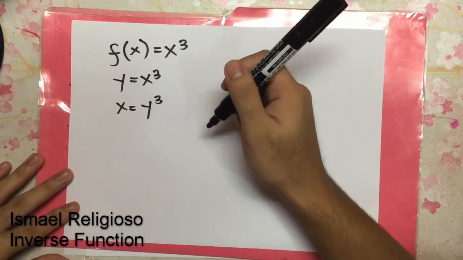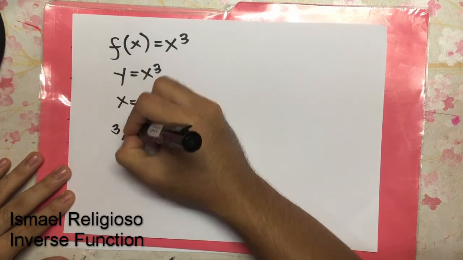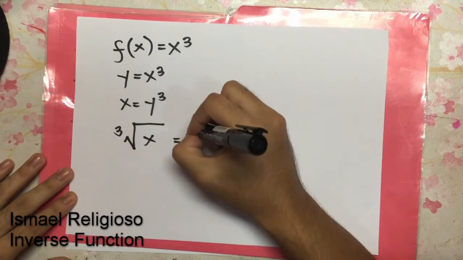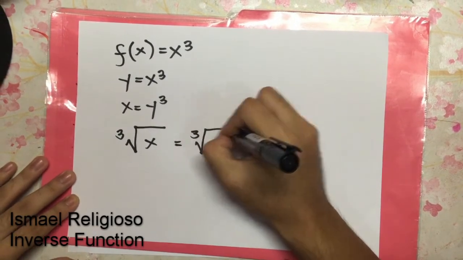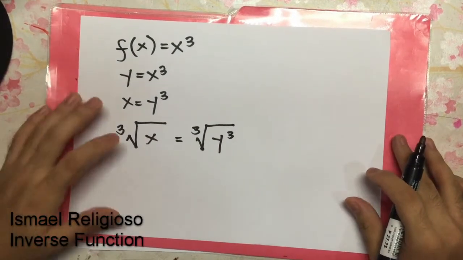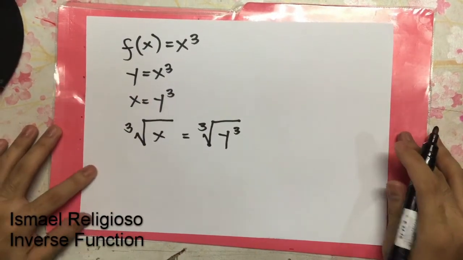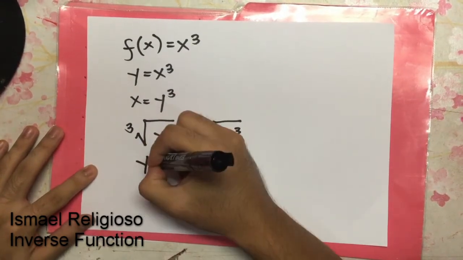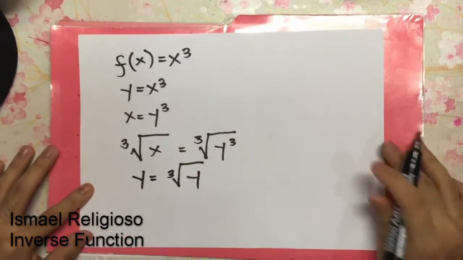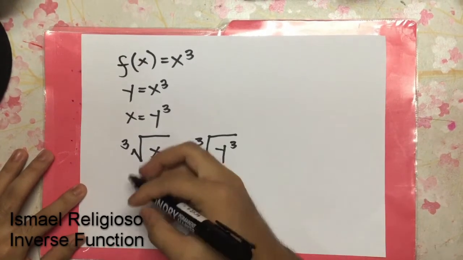Step 3, solve for y. So that's how we solve it. We're going to cube both sides so that we can get the value of y. Then last step, write f to the negative 1 for y.